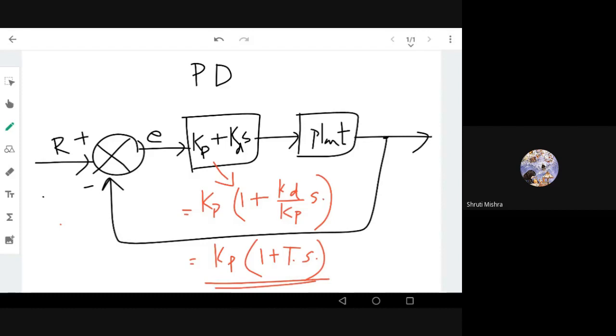You can see in this textbook where T is equal to KD by KP, the ratio of the derivative constant to the proportional constant. Okay, so this can be written in different ways.